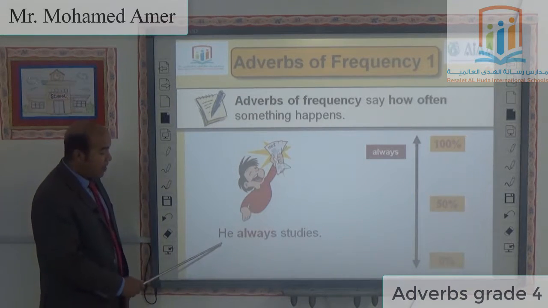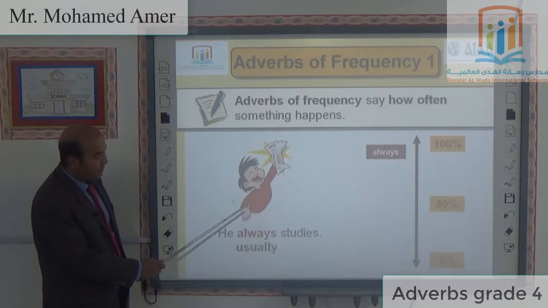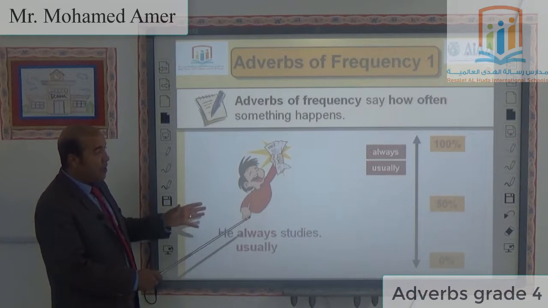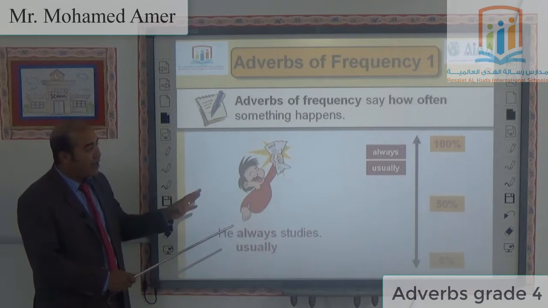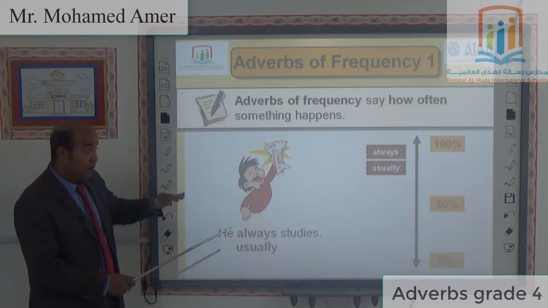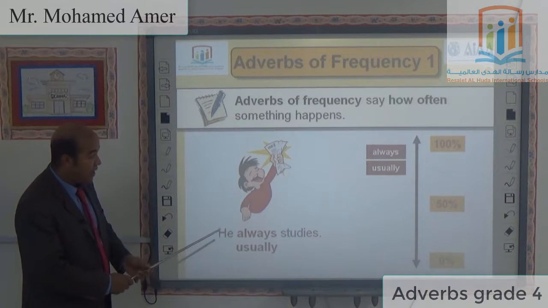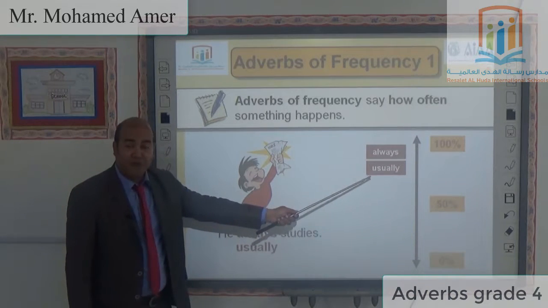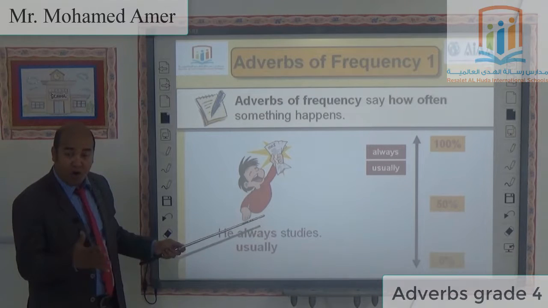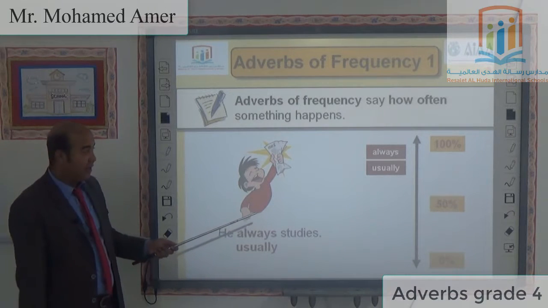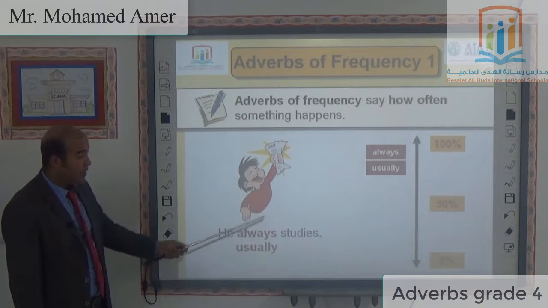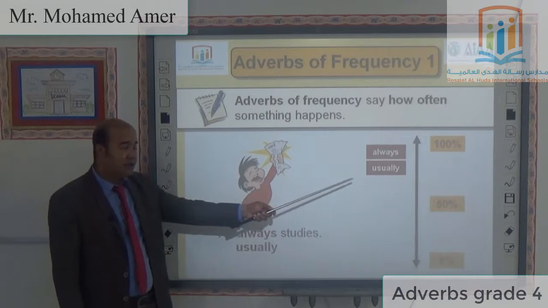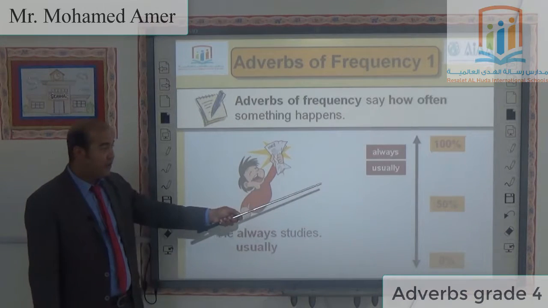Like this example, he always studies. If the verb happens but not 100%, but happens more, we say usually. This adverb is usually. It means more but not 100% like always. He usually studies. It means 80% or 85%, like that.